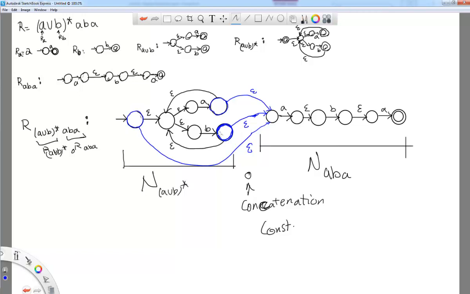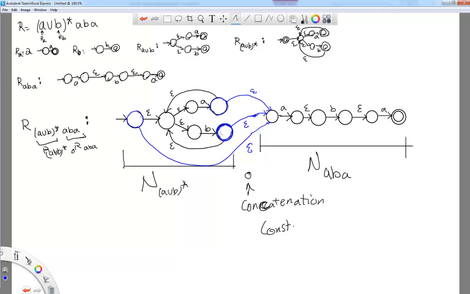So this is effectively a very nice means for us to construct non-deterministic finite automata based on regular expressions. Of course, as you can see here, this NFA can be simplified quite a lot.